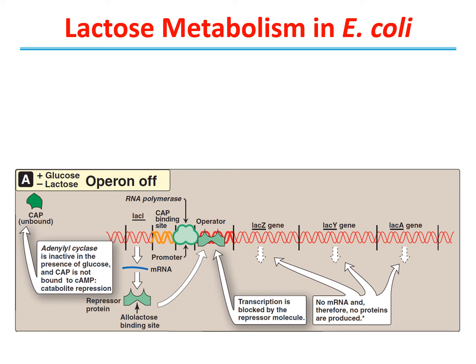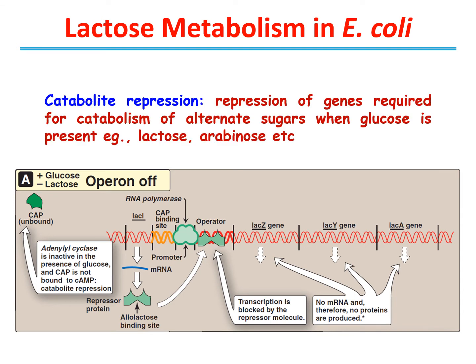When I mentioned that the lac operon is only turned on in the absence of glucose and the presence of lactose, this calls for an explanation of another term called catabolite repression. This method of repression explains the repression of genes which are required for the catabolism of alternate sugars when glucose is present. The alternate sugars being lactose and ribose, etc. So the lac operon also gives an example of catabolite repression.